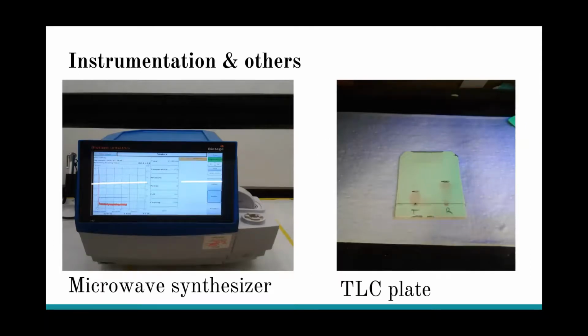So as I said, we use a microwave synthesizer. As you can see on the screen, on the left side is the microwave synthesizer. And as I said, the TLC plate indicated that almost all the thiazole or the pyrimidine, that is the reactant, has reacted.